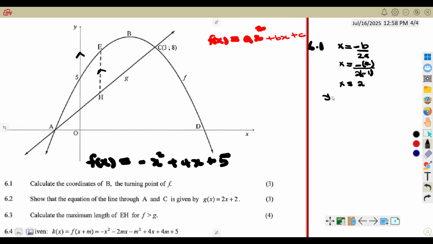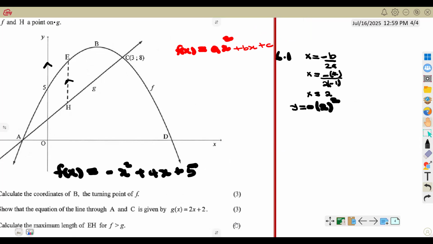So it will therefore mean that our y will be equal to, substitute negative 2 where there is x, negative 2 squared plus 4 where there is x, which is going to be multiplied by negative 2, plus 5.